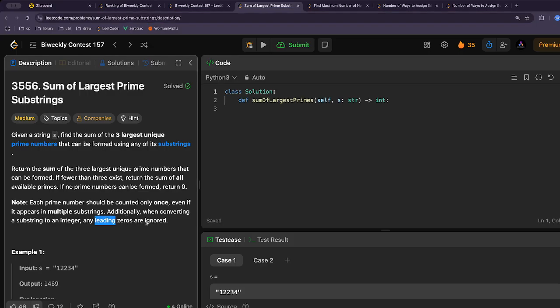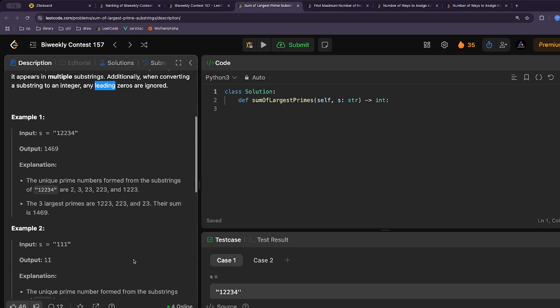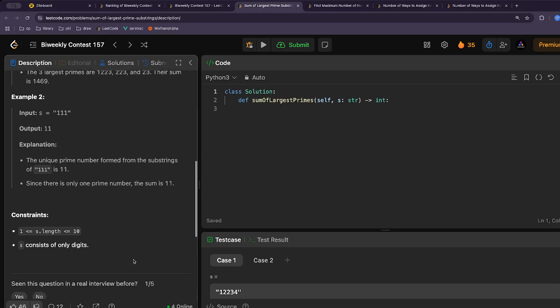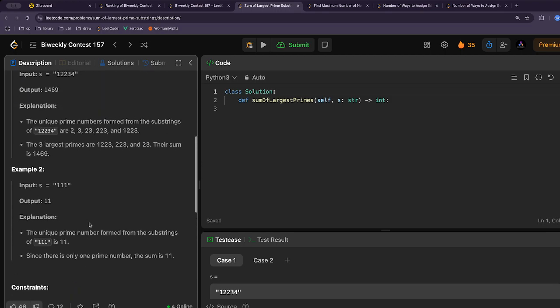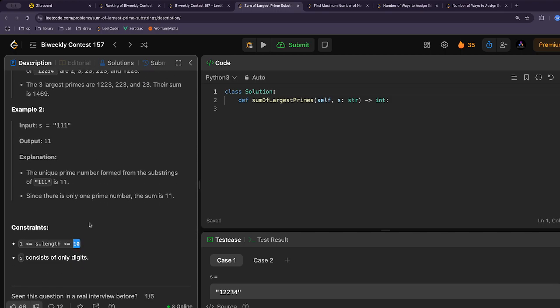Well, this is all very good. And well, the length of the string is up to 10, right? So here, this boils down to testing for primes, right?